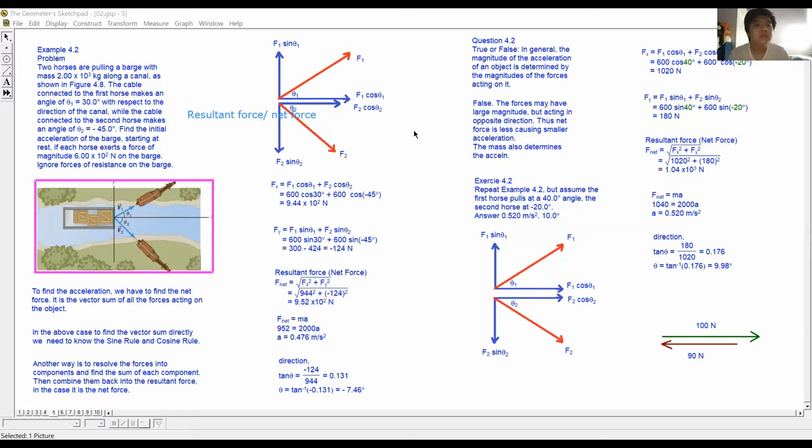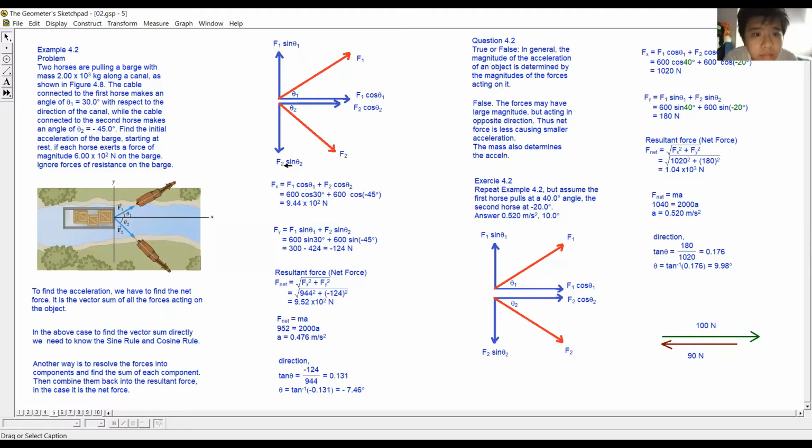Then the second force is F2. I remove this letter first. Again, this F2 can be resolved into two components: F2 cos theta 2 and F2 sine theta 2.